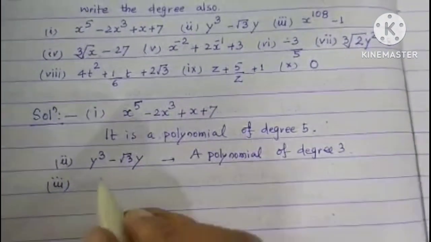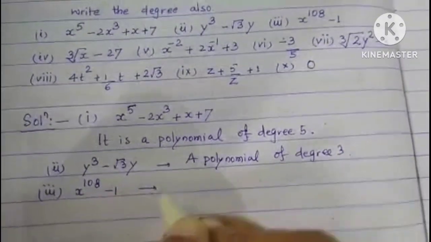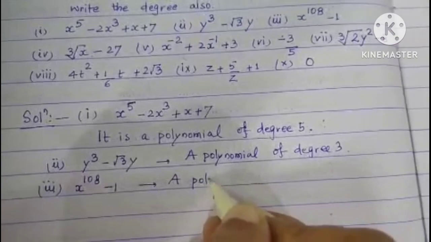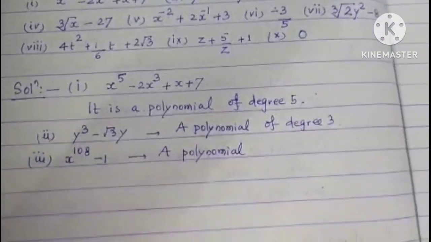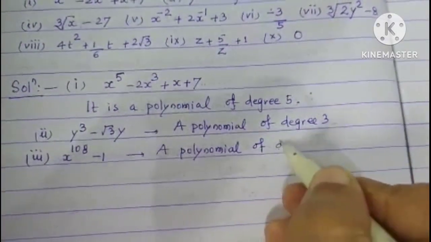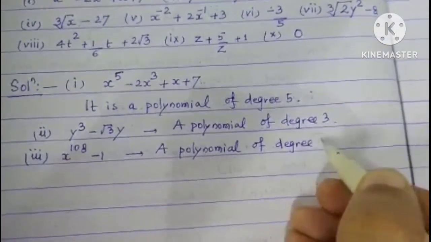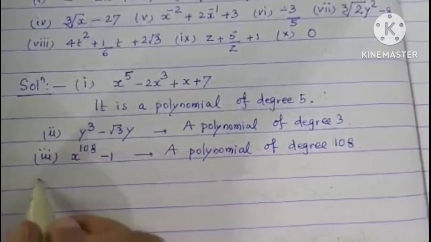Third one is x to the power 108 minus 1. This is also a polynomial because in the powers we have whole numbers or non-negative integers. A polynomial of degree 108. The highest power is 108.